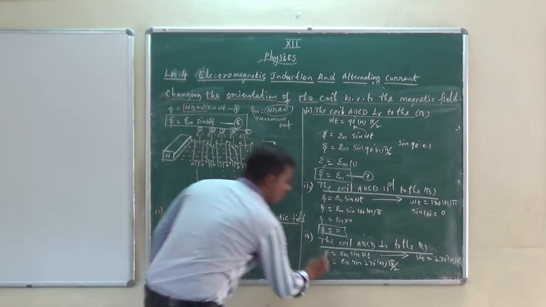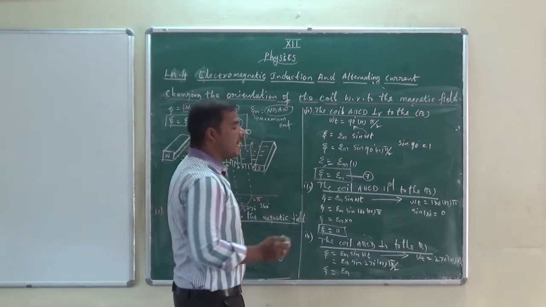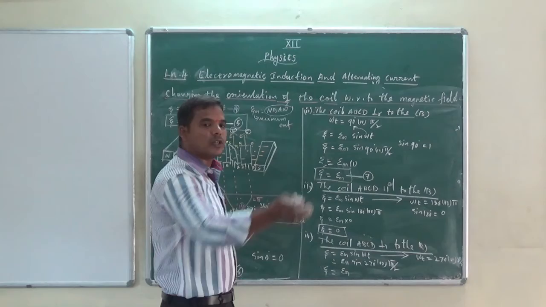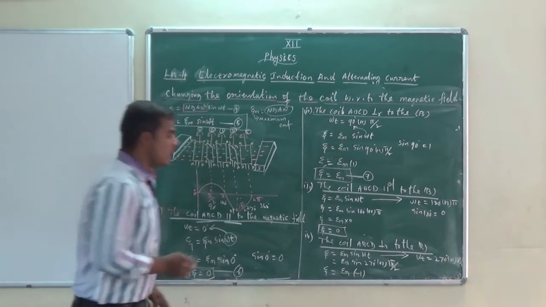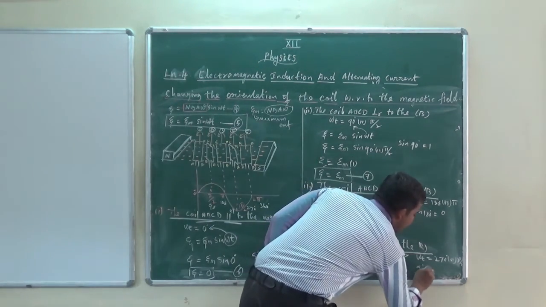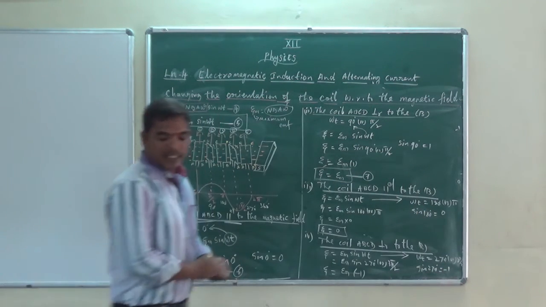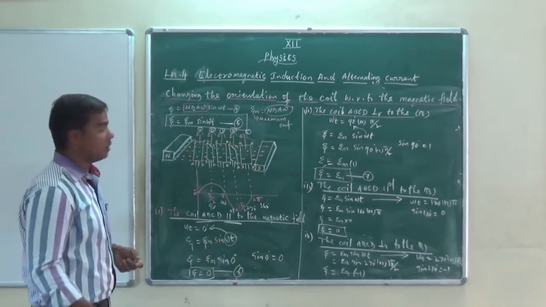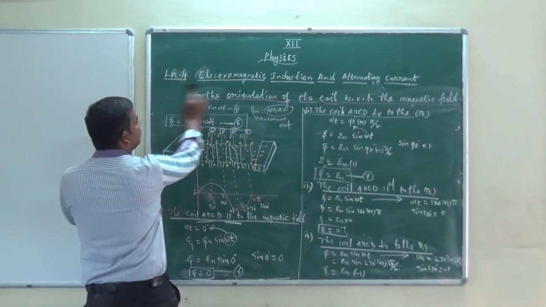What do we get? Induced EMF equals maximum EMF into sin 270. From the trigonometric ratio, sin 270 degrees equals -1. That means maximum induced EMF in the opposite direction.